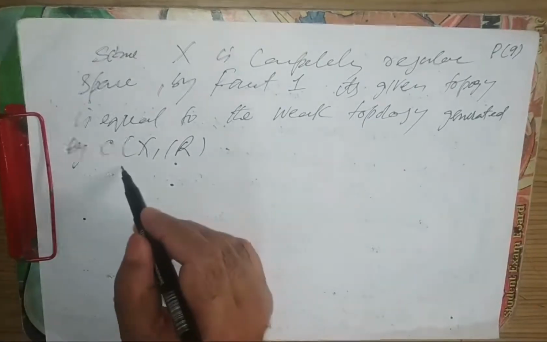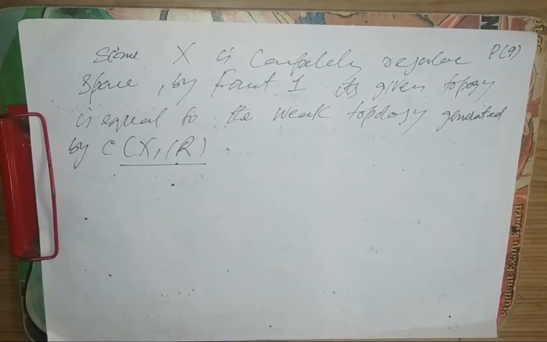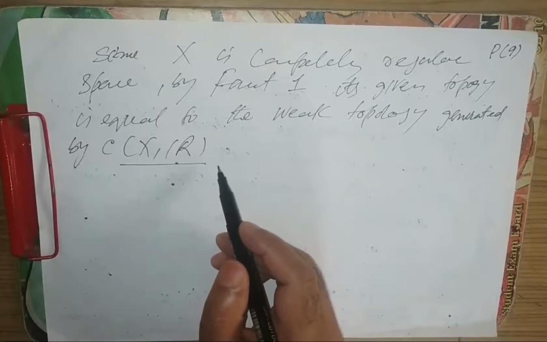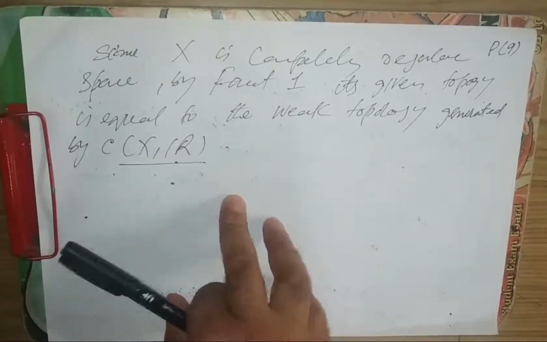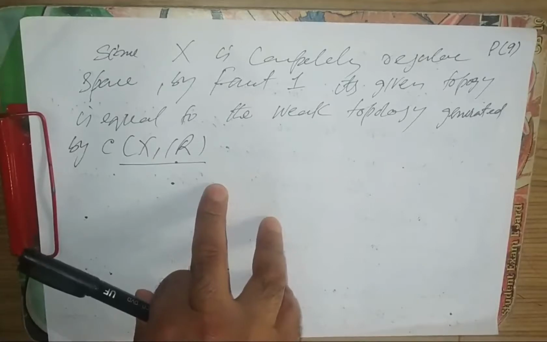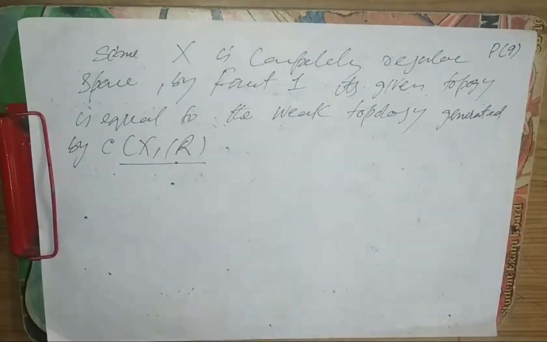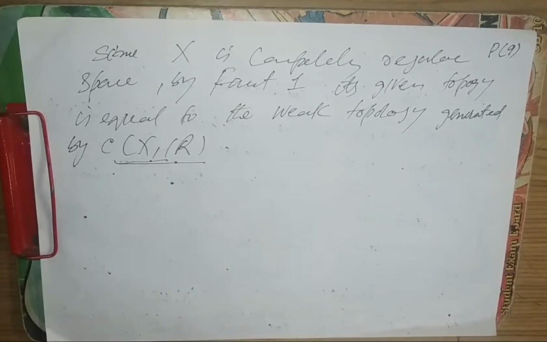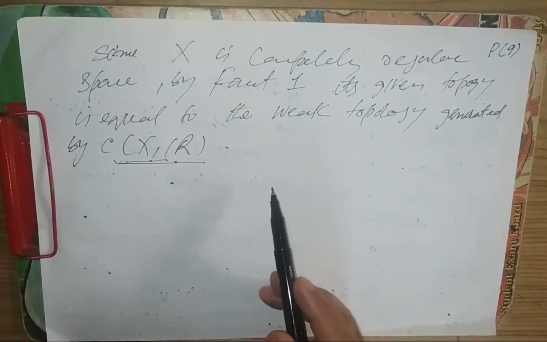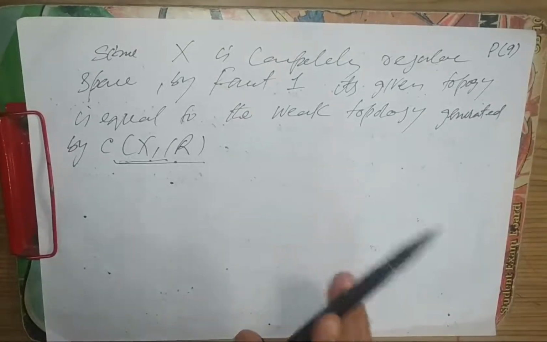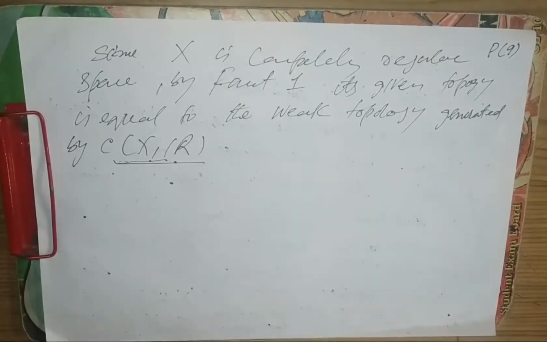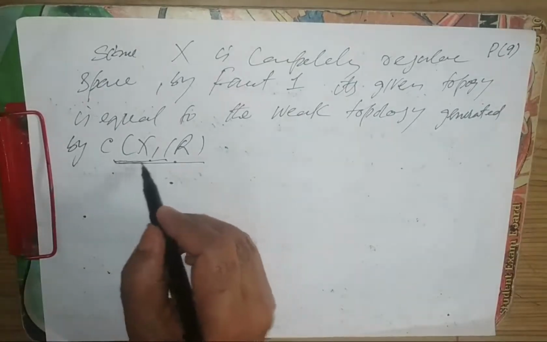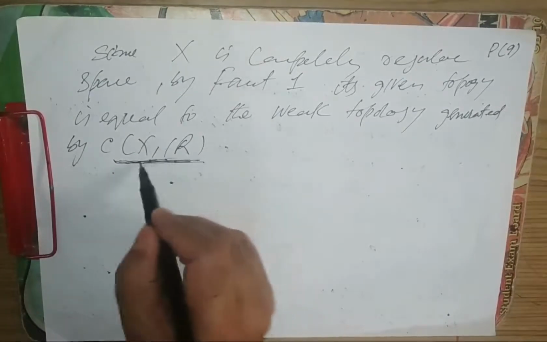But this C(X,R) is precisely the set of all restrictions to X of the projection maps Pi. We have already seen that C(X,R) is the set of all restrictions to X of all projections Pi of P onto its coordinate spaces, as explained on the previous page.